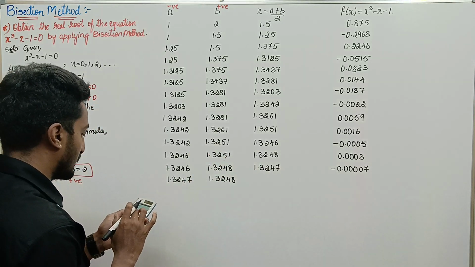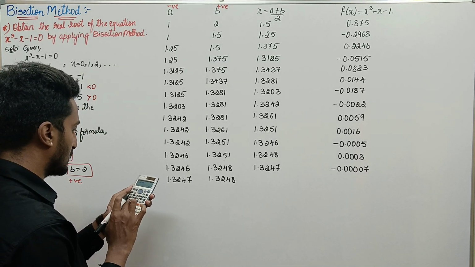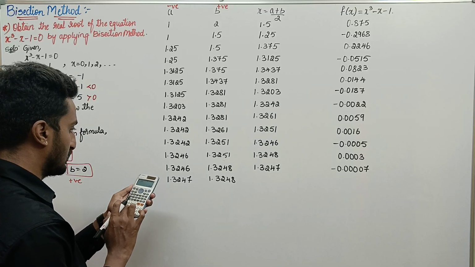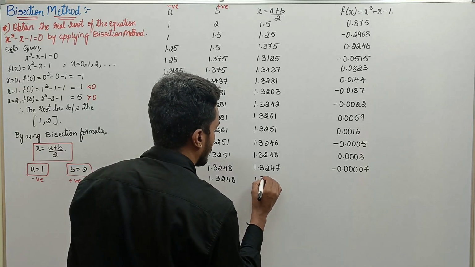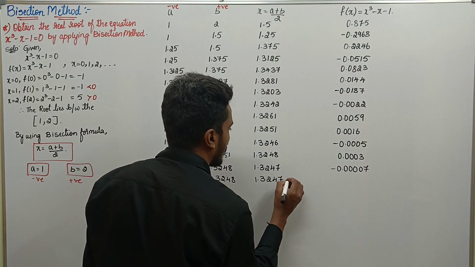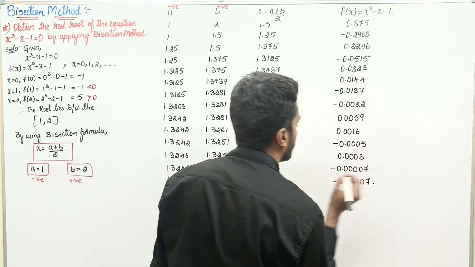Now you can directly represent, calc 1.3247 equals 1.3248. You get 1.3247, which will be the value for x. Function value will be 1.3207.